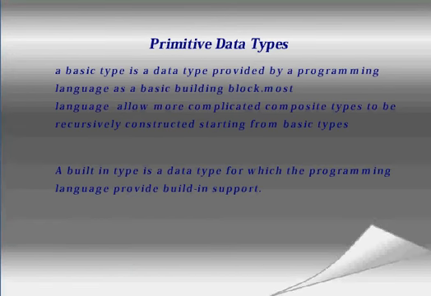A built-in type is a data type for which the programming language provides built-in support. In most programming languages, all basic data types are built in. In addition, many languages also provide a set of composite data types. Opinions vary as to whether a built-in type that is not basic should be considered primitive.